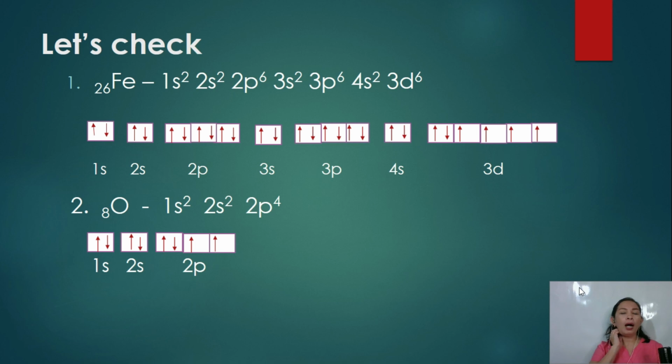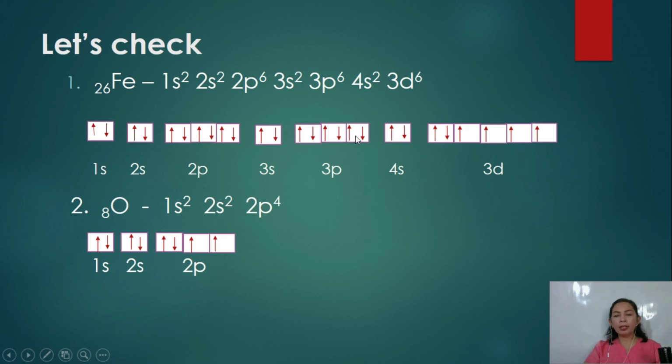For iron, this is the electron configuration: 1s2, 2s2, 2p6, 3s2, 3p6, 4s2, and 3d6. For the orbital diagram, in 1s, 2 electrons are filled, one arrow down. Same with 2s, same with 2p, 3 orbitals are filled. 3s is also filled.